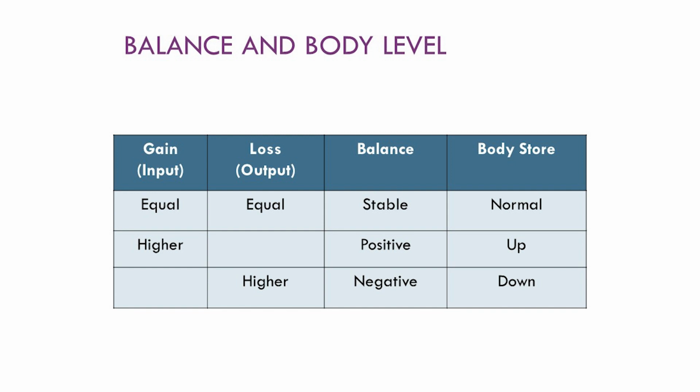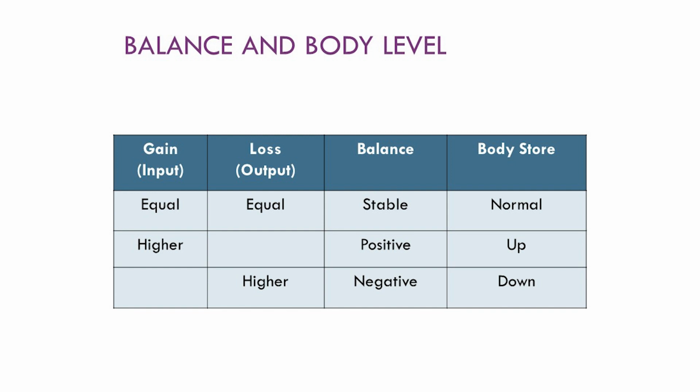What happens to your body store? It goes up. We go to the opposite: if your loss or output is higher, your balance is termed a negative balance. What happens to your body store? It goes down. Clear?